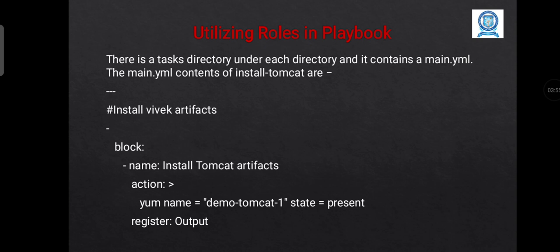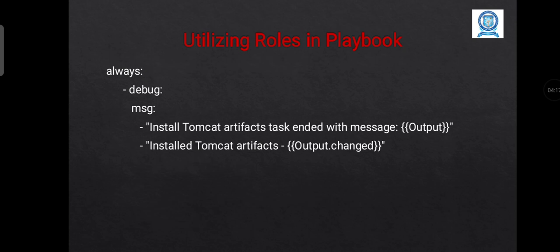So in our role install Vivek artifacts, we have the block with the name install tomcat artifact, and we have the action with the name demo tomcat1, and we can give the state present, we can give register, and also we can mention several things in the always, debug and message tag.